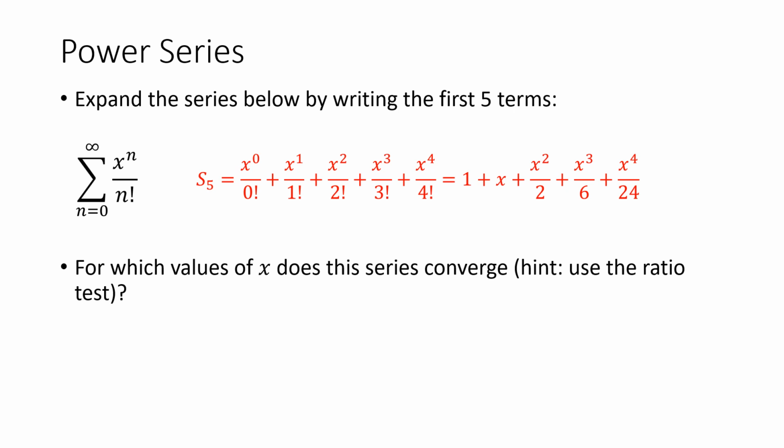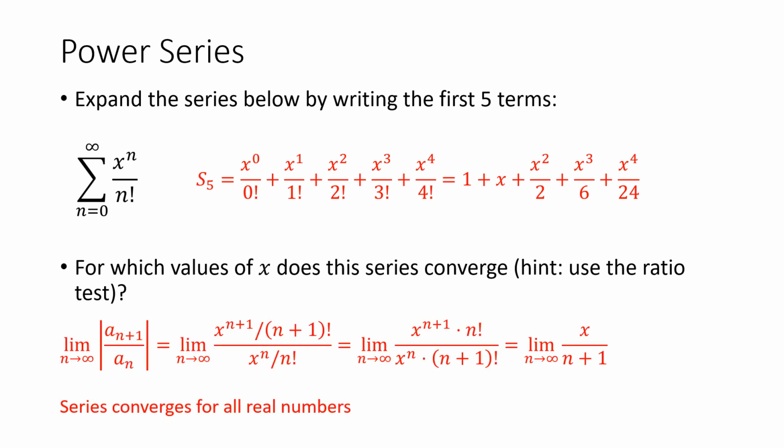Now, another thing about power series that we will be interested in is determining which x values they converge for. So in this case, because we have n factorial involved, we want to use the ratio test. So for the ratio test, we take the limit as n approaches infinity of the n plus 1th term over the nth term.